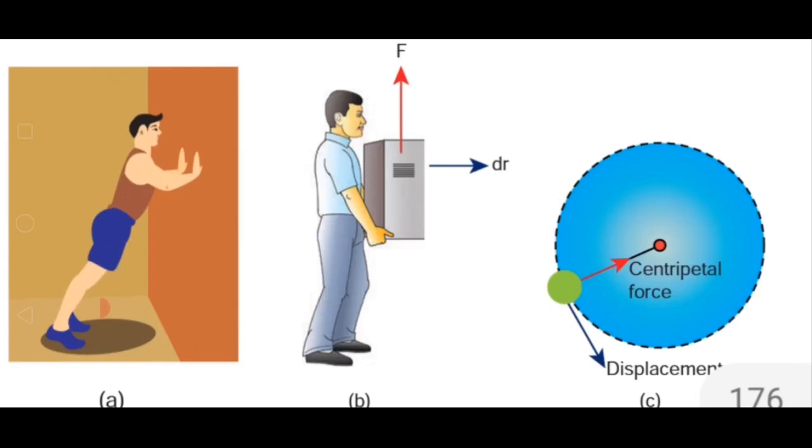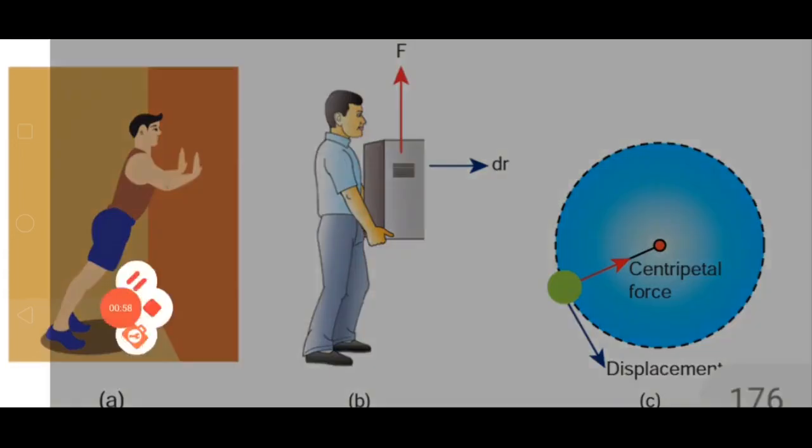So the forces act perpendicularly in B and C, making a 90 degree right angle between F and dr. In that case also the work done is 0.